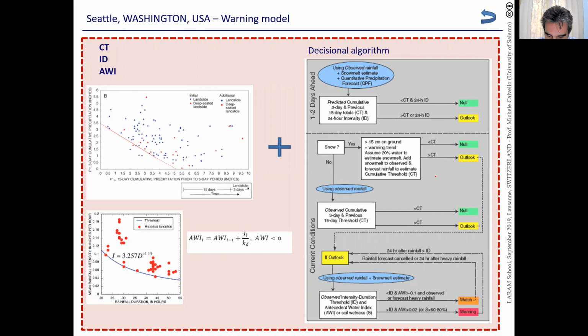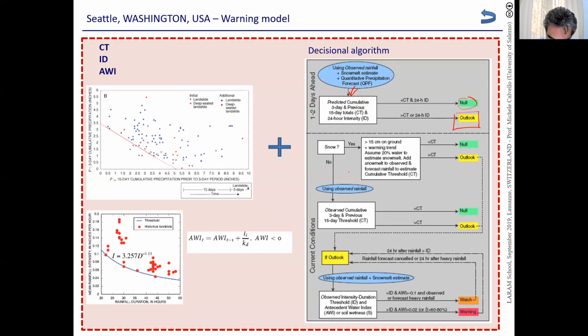So you basically move from the top, from what you have in terms of forecast for the different indicators. And if something is not overcome, you go to green. If something is overcome, you go to yellow.